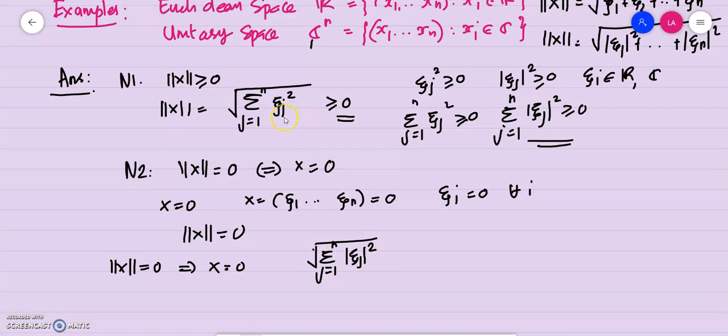In the real numbers and complex numbers, modulus of theta j square and theta j square are the same. So this is equal to 0. This implies summation j is equal to 1 to n of modulus of theta j the whole square is equal to 0.